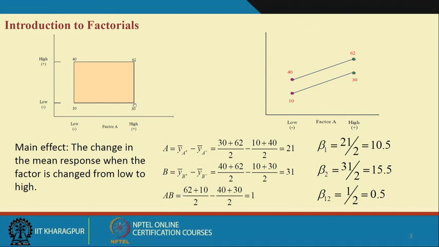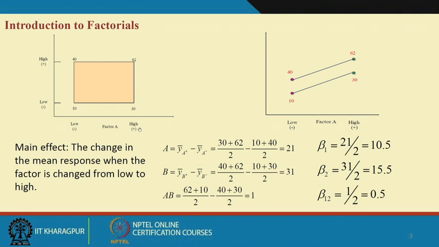You require the values of the response variable when you conduct the experiment keeping the factors at different levels. When A is at low and B is at low, the response value you observe is 10, and here we are considering one replication, a single replicate, n equal to 1.